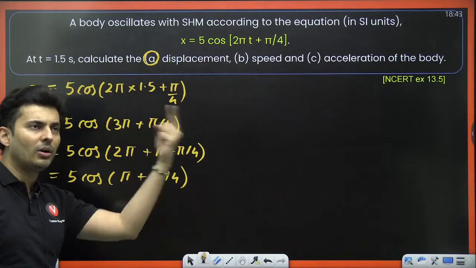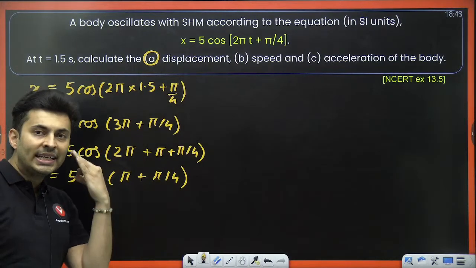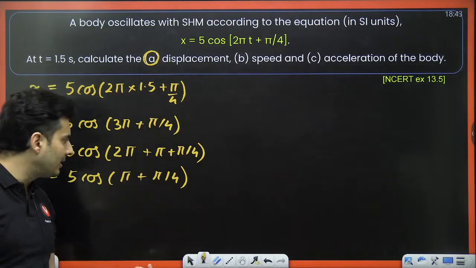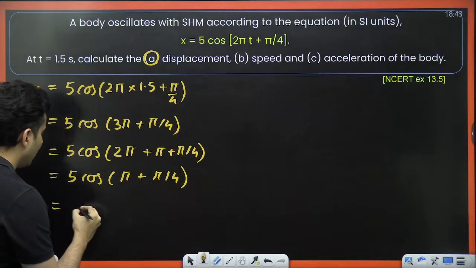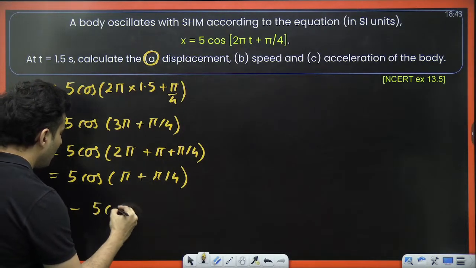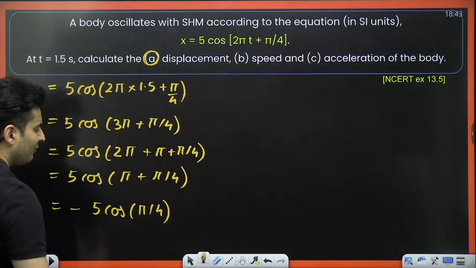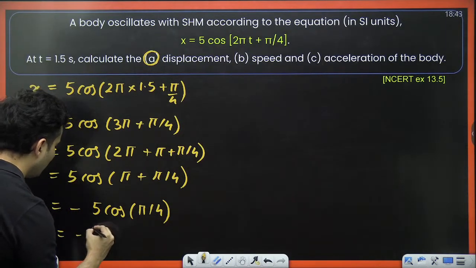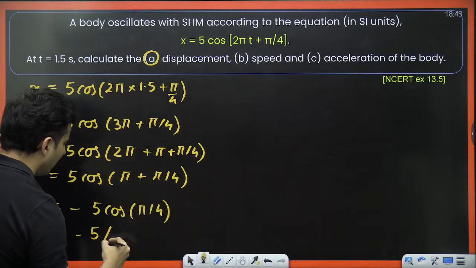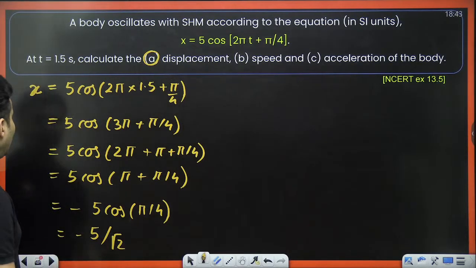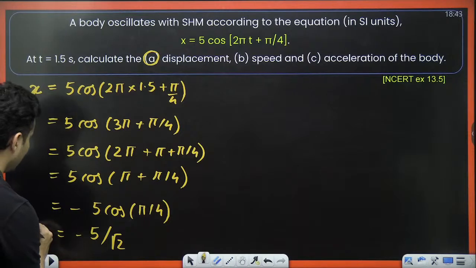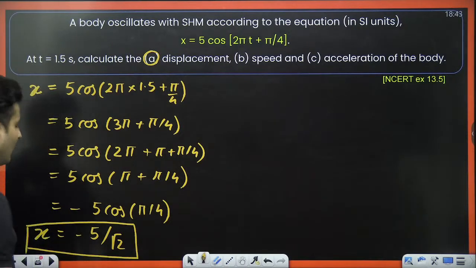In the third quadrant, all silver T, only tan is positive, cos is negative. So I will get −5 cos π/4. π/4 is 45 degrees, so it will be −5/√2. That is the value of x that I should get, −5/√2.